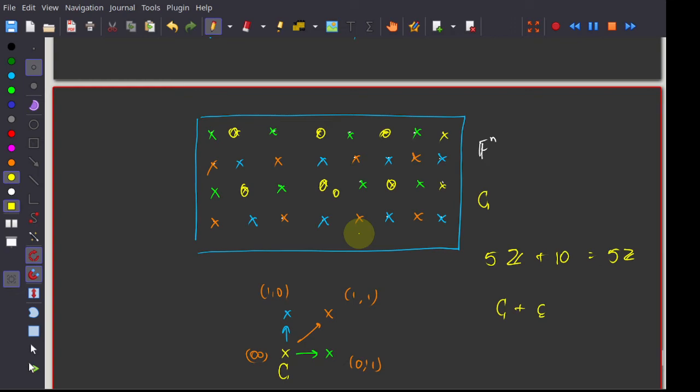Okay. So let's go back to what we are trying to do. I have these code words, the yellow points, but the received vector can be any one of the other points. What is my goal? My goal is, given any of these points, I want to find the closest yellow point to it. That's my decoding problem, right?